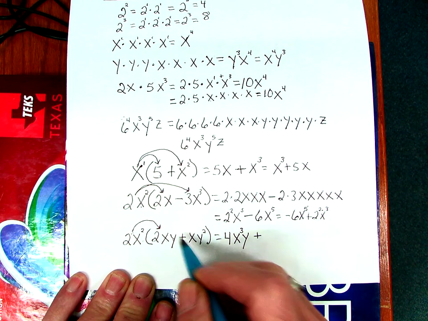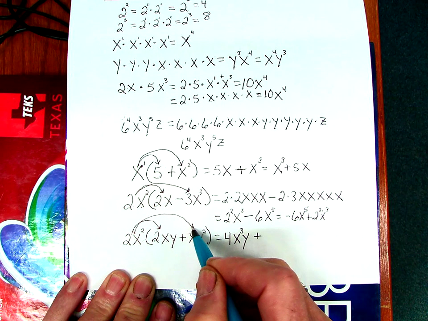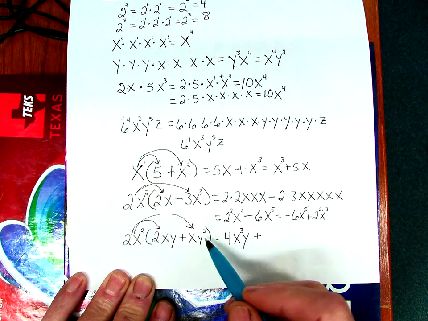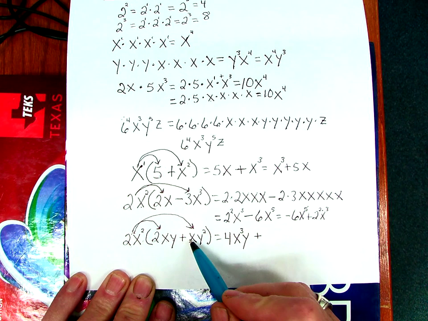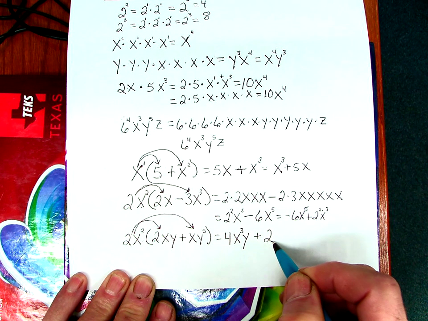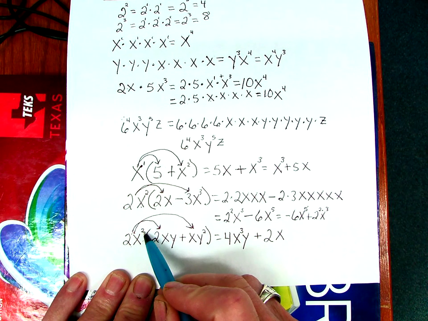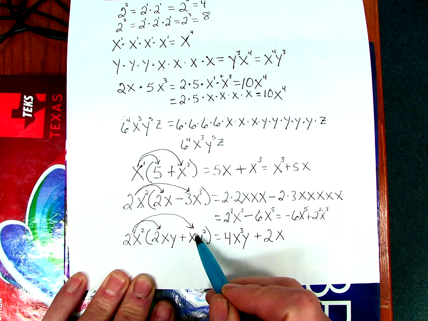Now the plus sign. Here we go again, the second term. 2. Well, there's not really a coefficient here. I mean, there is. It's 1. So 2 times 1 is 2. And now we have x's. There are 2 x's here. There's 1 here.